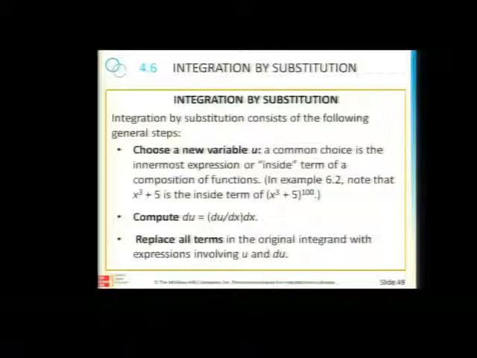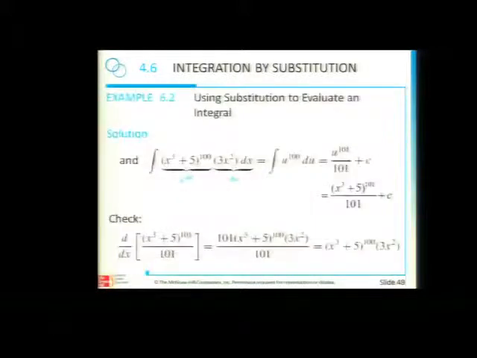Usually you try to look for a certain function inside the integrand for which you can obtain the other function by differentiation. For example, just now, if you let u be x cubed plus 5, you differentiate, you get 3x squared.